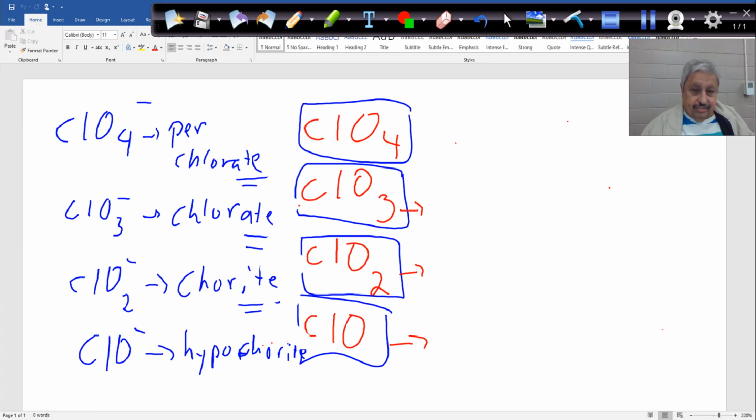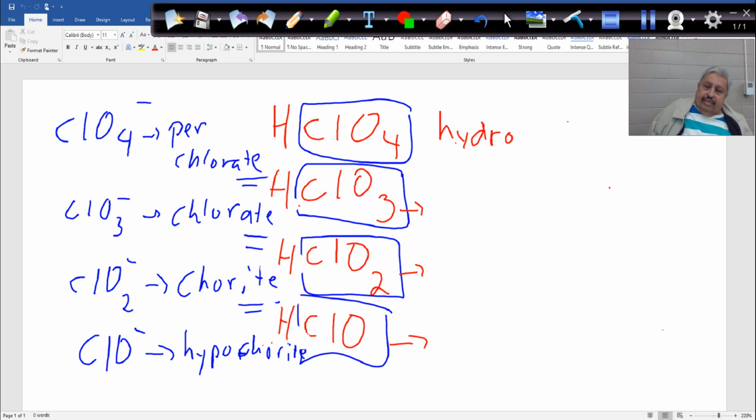Now, if you put the acid there, the acid is always named with the first, its name, which hydrogen, will be hydrochloric. Not really hydro. This one, because of polyatomic, if this binary it will be hydro.